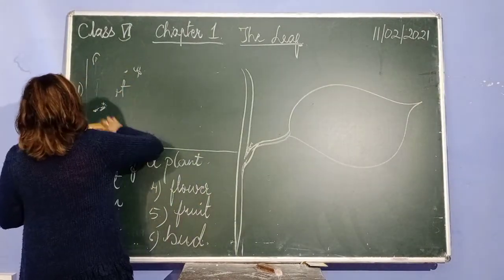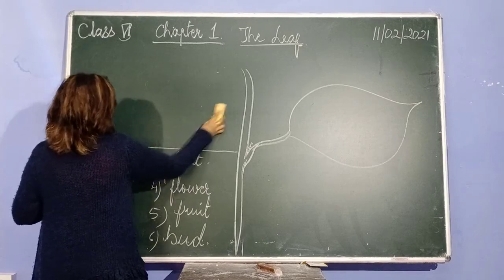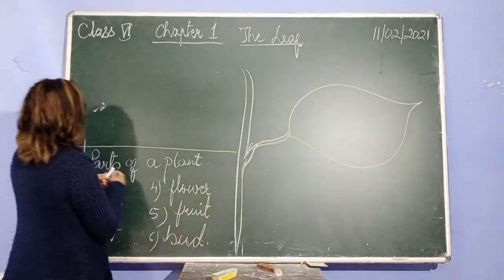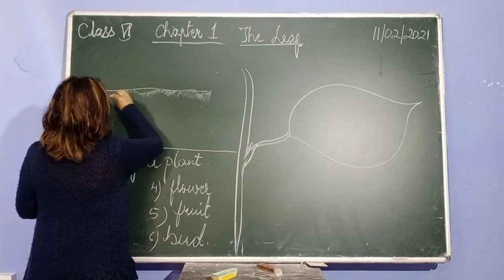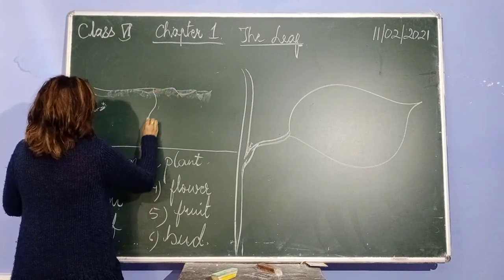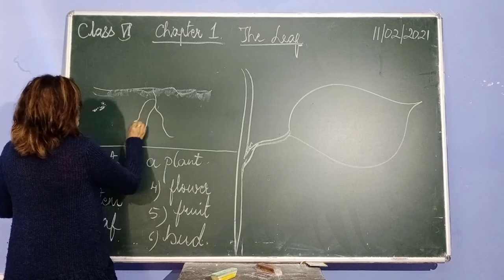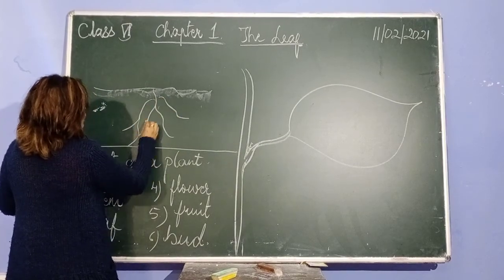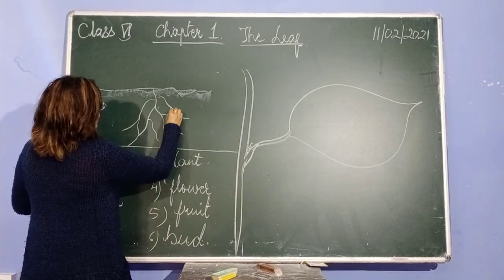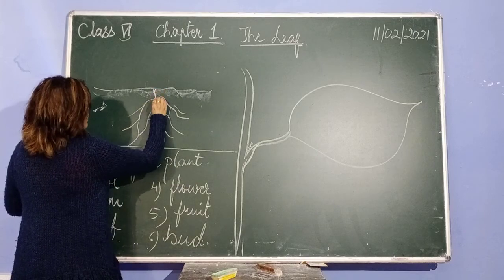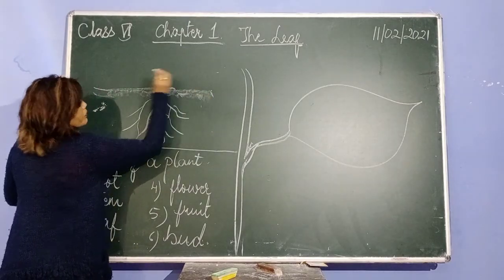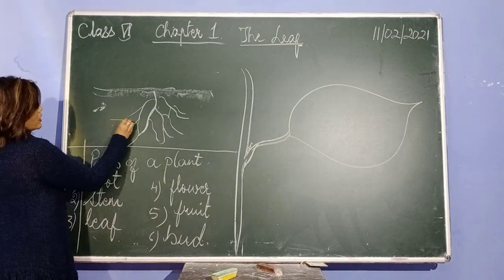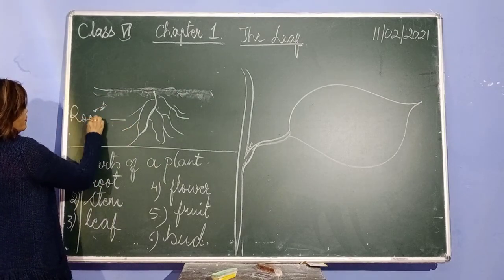Now, let's see. I just want to show you. Actually, you all must have an idea about it. So, suppose this is the level of the ground, okay, and the part of the plant that grows below the soil or below the ground is called the root system, okay?